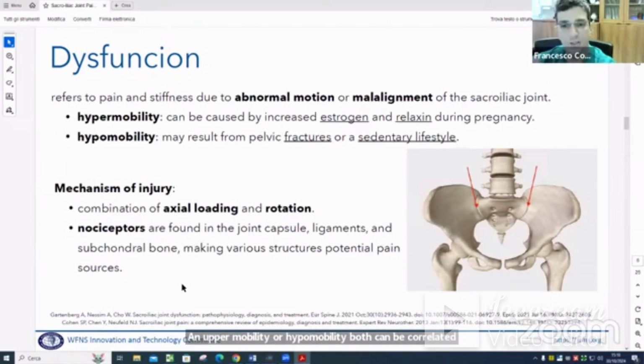Also mechanical injury: in case of trauma and fracture, there is an activation of the nociceptors that are found in the capsule, in the ligaments, and also in the muscle, that can provide the source of our pain.